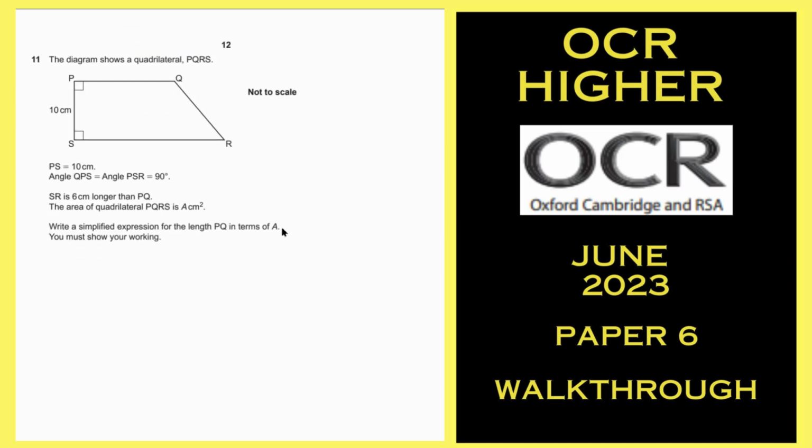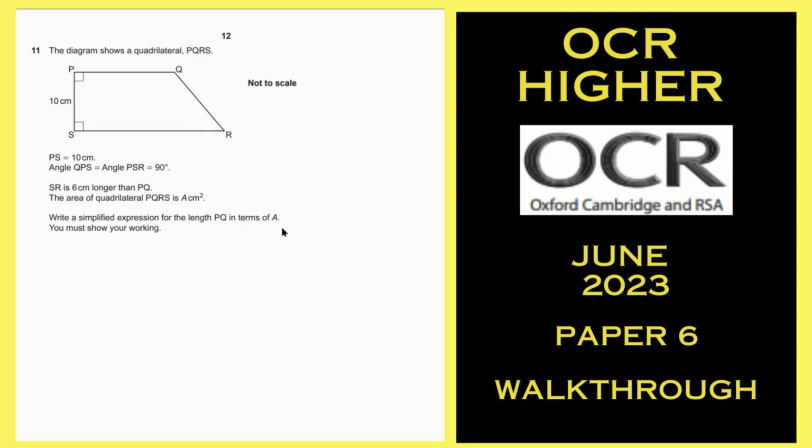Number 11, we've got a trapezium. They've called it a quadrilateral, but we know it's a trapezium because of the 2 right angles will make those parallel. Okay, so that's your first thing. They tell us that PS is 10, don't care, and those angles are 90, don't care. That's more waffle than they normally give us.